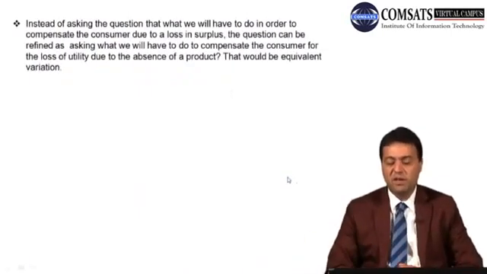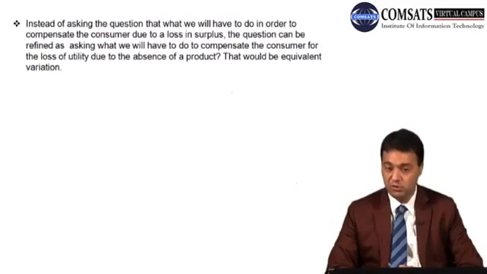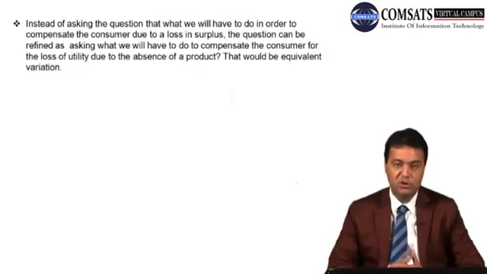Instead of asking what we will have to do to compensate the consumer due to a loss in surplus, the question can be refined as asking what we will have to do to compensate the consumer for the loss of utility due to the absence of a product, which in the above case was product B, the good B. That would be equivalent variation.